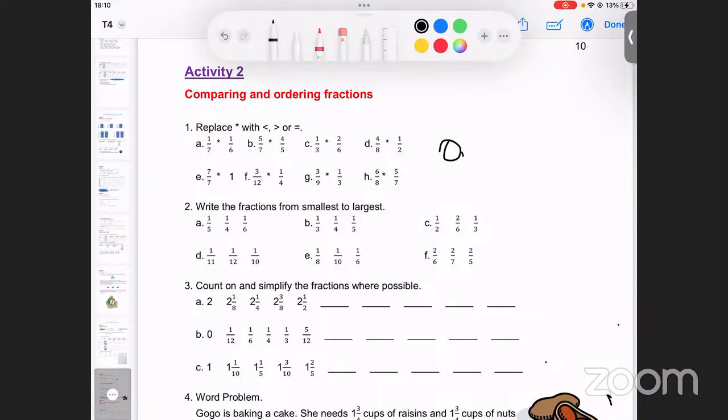Okay, no problem. On your calculator, do you have a button with a sign like this? S to D. Do you have a sign like that on your calculator? Yes. Press that button.